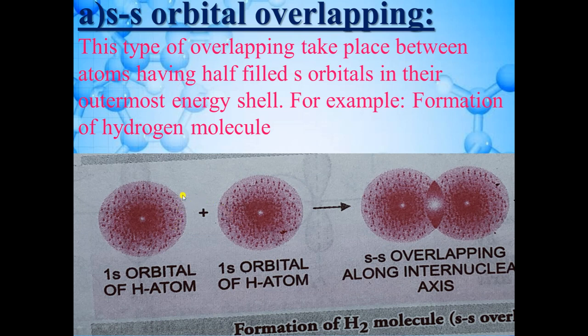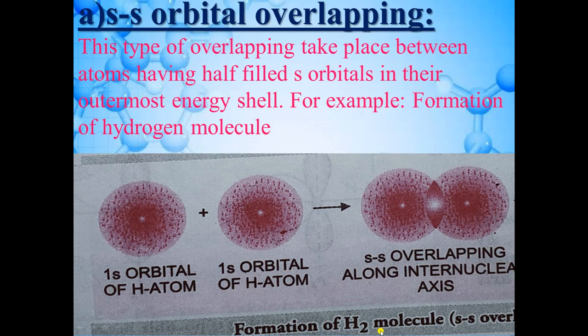There will be overlapping between these two orbitals, and as there is overlapping, there will be formation of a covalent bond along the internuclear axis. That means the axes of these two orbitals are the same. If the axes are different, then there will be no overlapping. So a sigma bond is formed by overlapping of ss orbitals. An example is the H2 molecule.